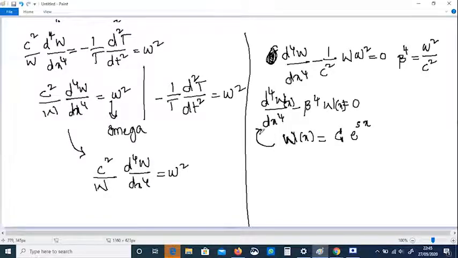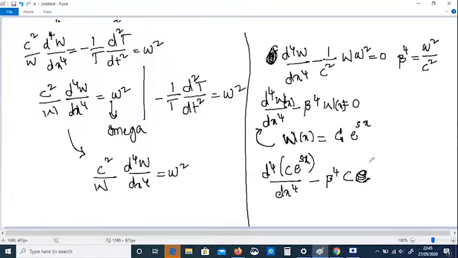Since we have assumed a solution, we can substitute into this equation. So d to the power of 4 of C e to the power of s x minus beta to the power of 4 C e to the power of s x.